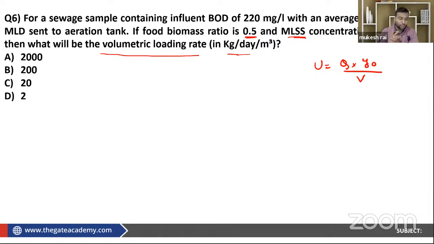So you need to do a lot of practice of various types of questions, not the previous year questions, but the variety of questions which will be available only on the test series, our test series as well as the test series of other institutes. But I will give you one suggestion: first solve the questions of our test series. When the Gate Academy test series is finished, then you will solve other institutes' test series also.